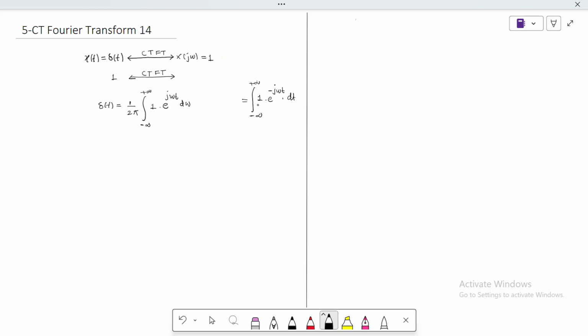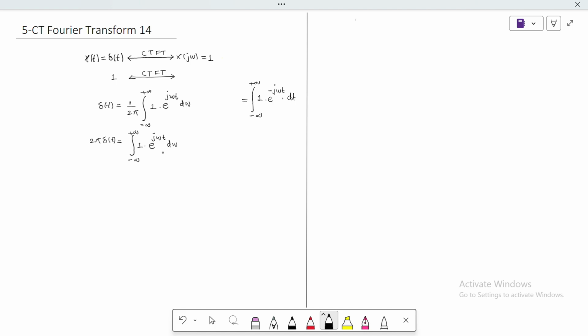So I'm going to convert this equation to this equation. The 1 by 2 pi I am sending to the left side. So 2 pi into del of t equals integral from minus infinity to plus infinity of 1 into e power j omega t into d omega. Here this is integration with respect to omega, and the other is with respect to t.